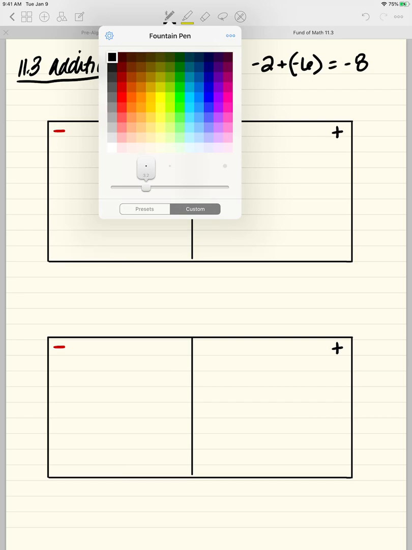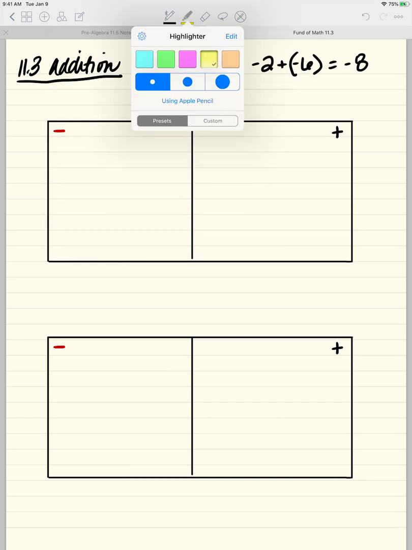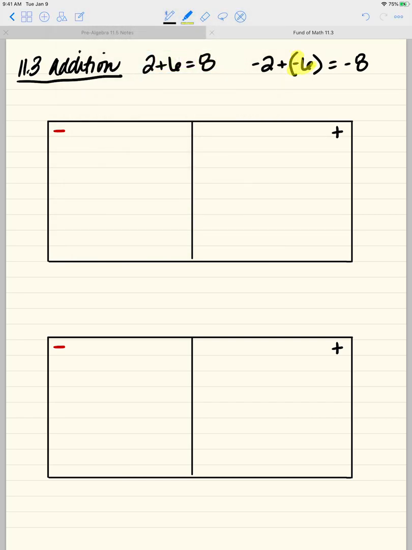I want to explain these parentheses right here really quick, okay? The reason that I put those parentheses around there is because sometimes it can look very confusing when we are working with addition and subtraction of positive and negative integers. If I write this like this, sometimes it can be confusing as to, okay, which is the minus, where's the plus, is something negative?